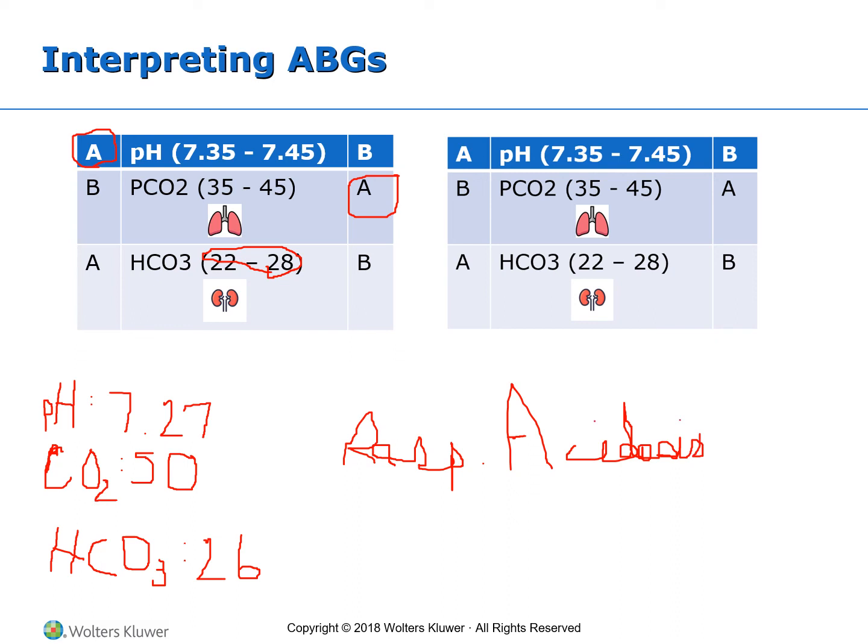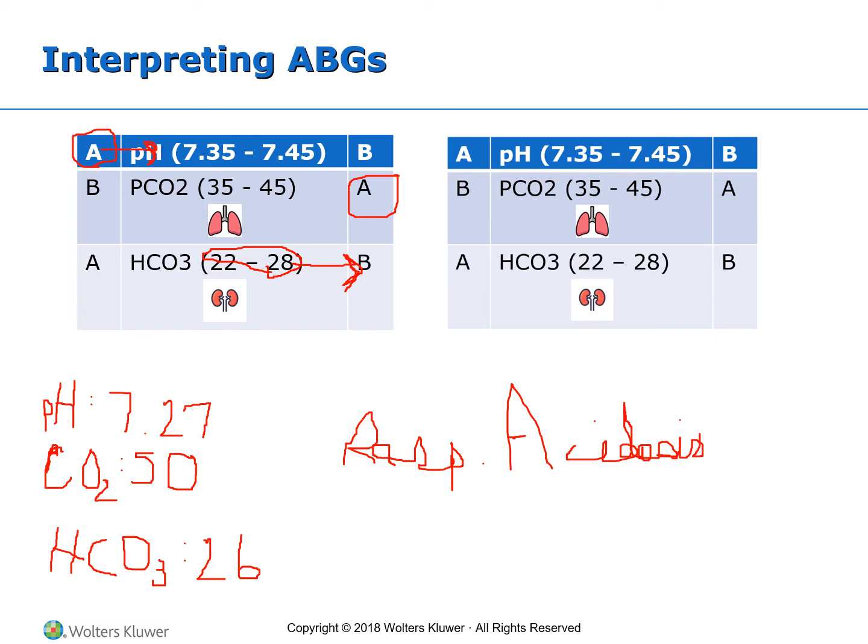And then you need to know if it's compensated, not compensated, or partially compensated. Because the bicarb is not moving yet, the body hasn't attempted to compensate, so it's not compensated. If the body had started to compensate in order to make the pH less acidic, it's going to move this way, and it's going to try and hold on to more bicarb, which will then hopefully pull that pH back over.